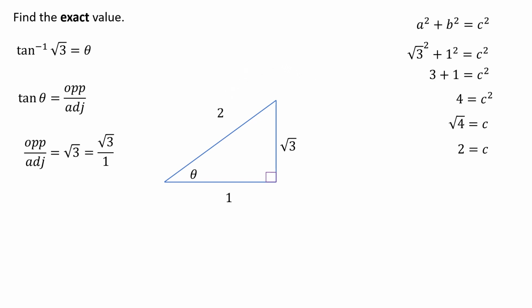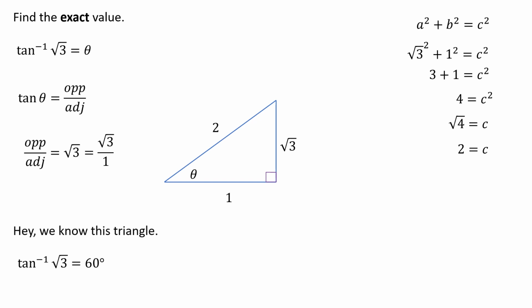So we've got a right triangle. The side opposite theta is root 3. The side adjacent to theta is 1. Those are the legs, of course. The hypotenuse is 2. A 1, a 2, and a root 3.